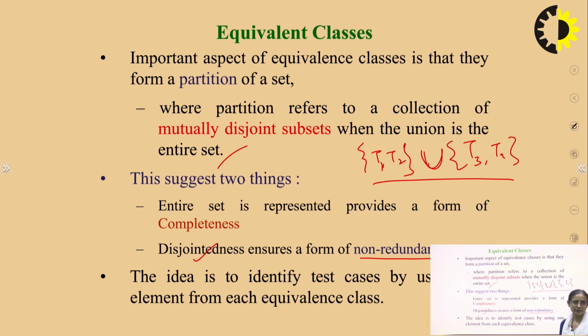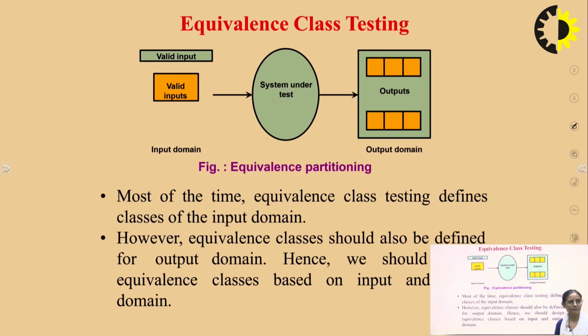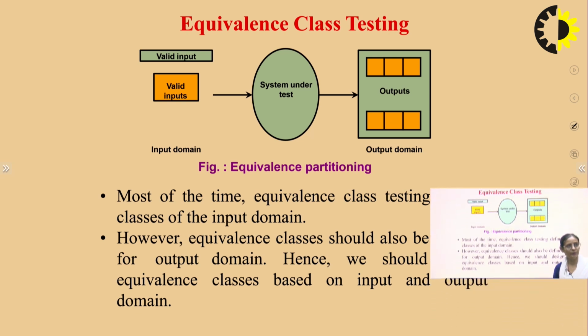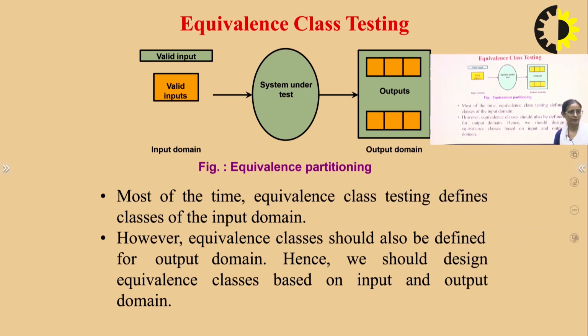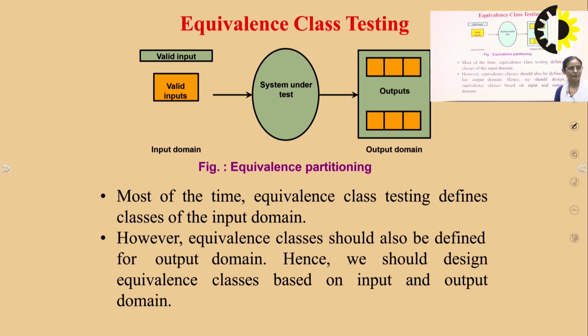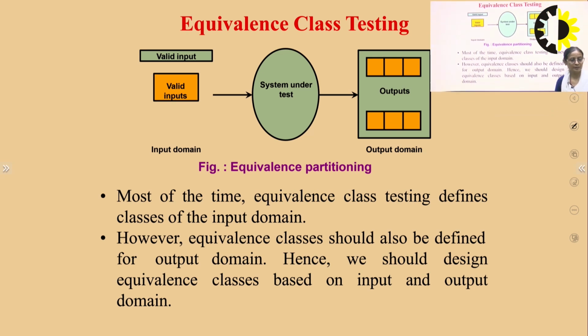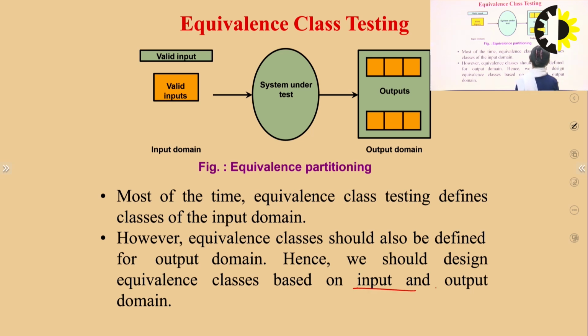The idea is to identify test cases by using one element from each equivalence class. So, in equivalence testing, we have a valid input, we give it to the system, and we get some output. Most of the time, equivalence class testing defines classes of the input domain. However, equivalence classes should also be defined for the output domain. Hence, we should design equivalence classes based on both input as well as output.